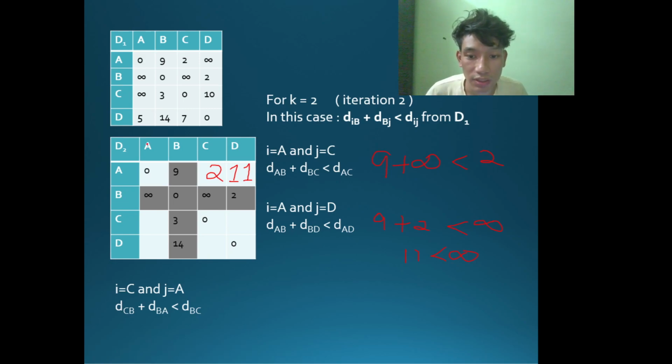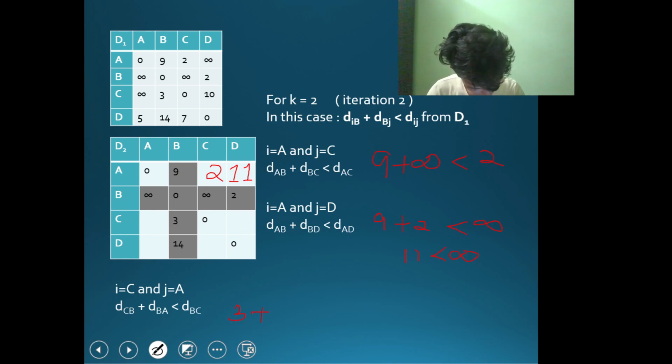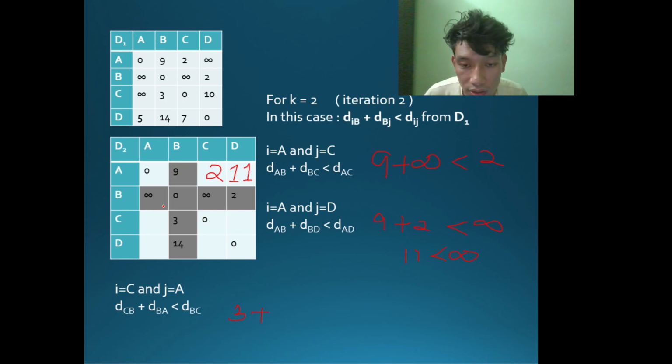Right. So similarly, for I is equal to c and j is equal to a, we will look at d of cb plus d of ba. D of cb is here 3 plus d of ba, which is infinity, less than d of bc from the previous matrix, infinity.